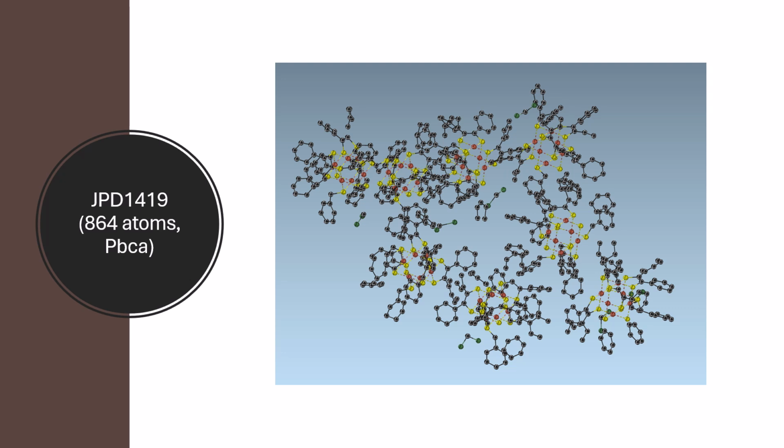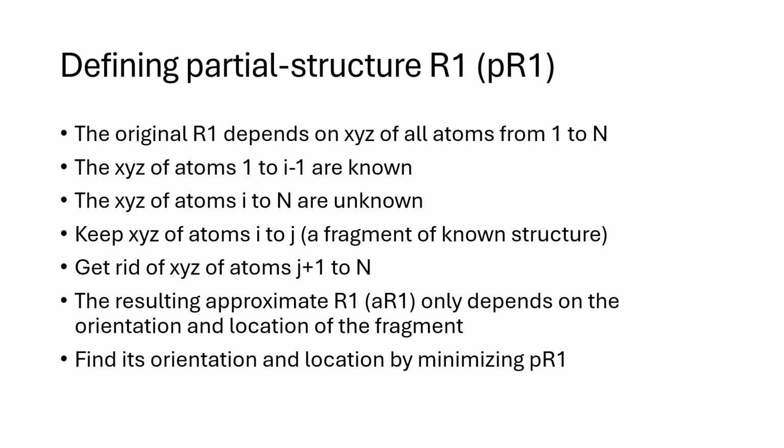The aR1 method can locate single atoms one by one. The idea, in fact, can be extended to deal with a fragment. In order to deal with a fragment, we need to define the partial structure R1, PR1. The definition is almost the same. Suppose we already know the coordinates of atoms from 1 to I-1.